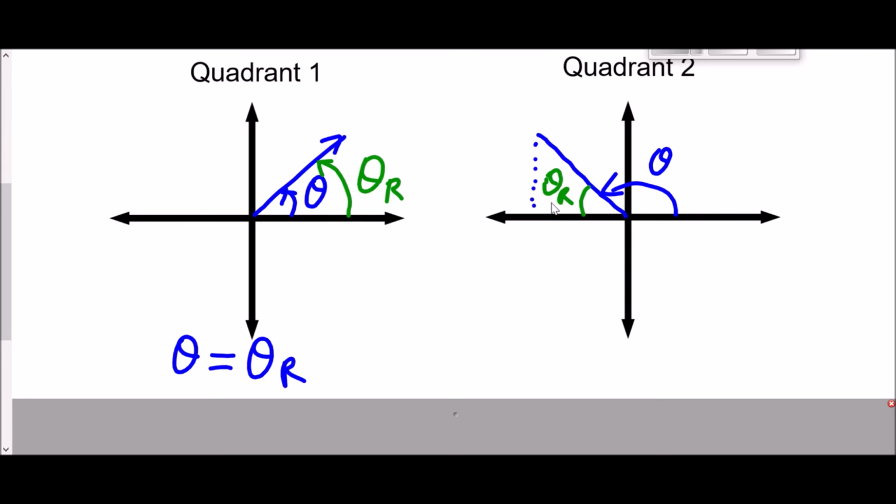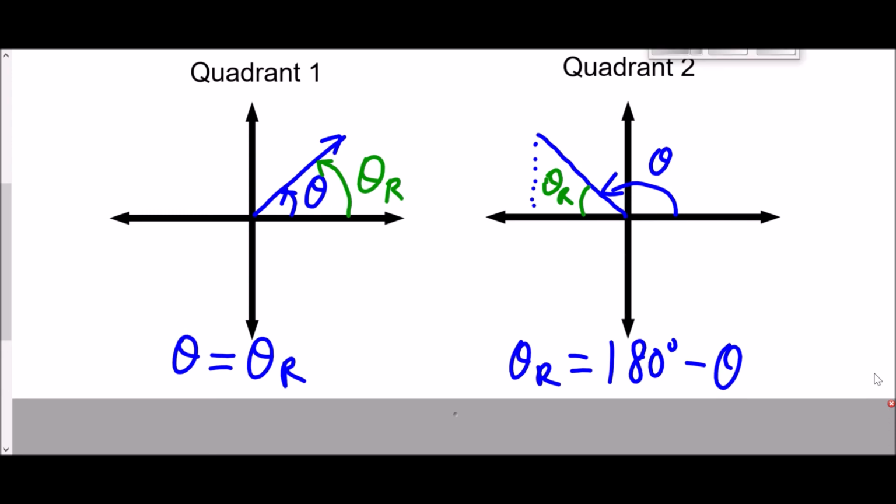Take theta from 180, and that will give you the reference angle. This plus that gives you 180, so if you take angle theta away from 180, the remaining part is the reference angle. So the reference angle is 180 minus theta.